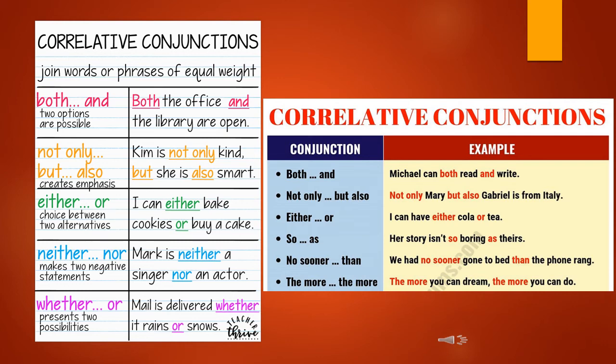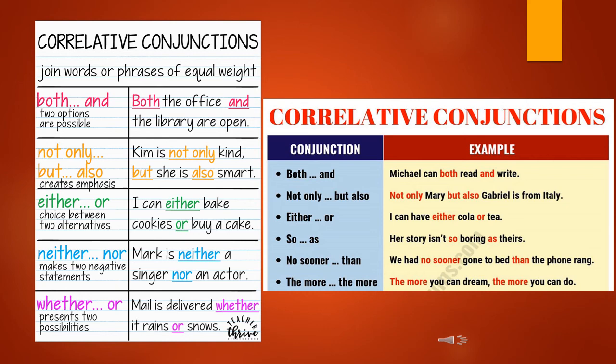Next is neither nor. The house is neither big nor small. Next example is not only but also. She not only wrote the text but also selected the illustrations. Number 5, whether or. So the example is he seemed undecided whether to leave or stay.